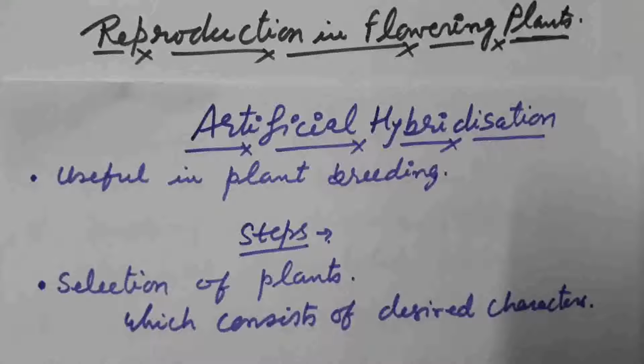Artificial hybridization is one of the major approaches of crop improvement programs. When we want to bring desired characters present in certain plants together, and introduce these important characters into our next generation, then we do artificial hybridization.